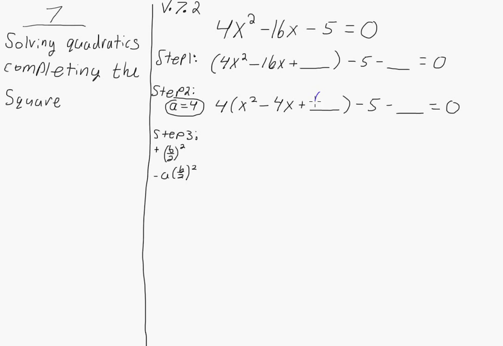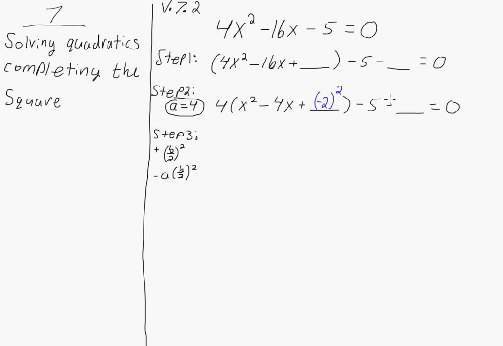Alright, so in parentheses I have negative 2 squared. And I want to emphasize that that is, in fact, b over 2 squared. Negative 4 over 2 is negative 2. So that's what I'm adding inside the parentheses, so I need to subtract that off. But remember, when I added this negative 2 squared, it's inside the parentheses being multiplied by this 4.